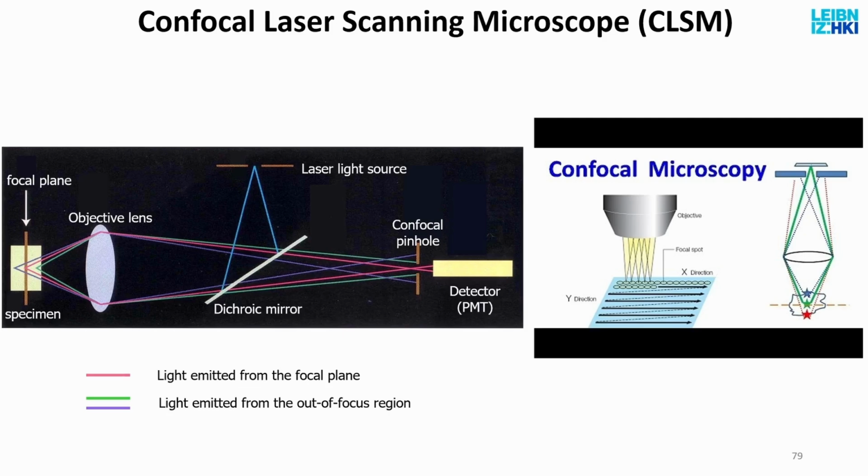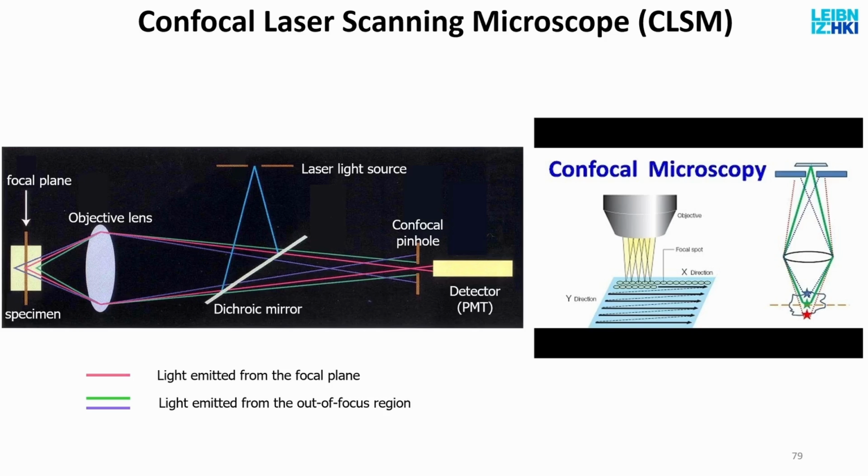But what happens if I put a piece of metal here and punch a teeny hole in the middle? What happens is that, of course, only the light which fits into this hole will go to the camera or the detector.